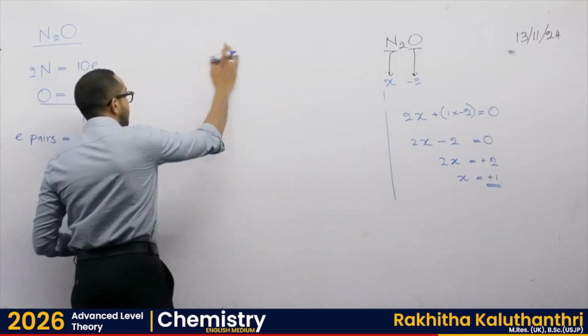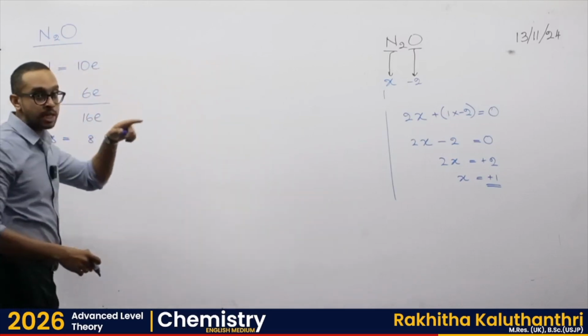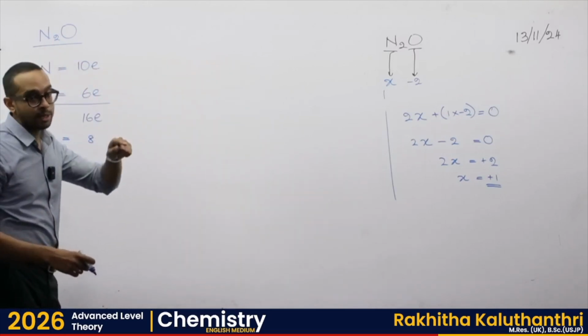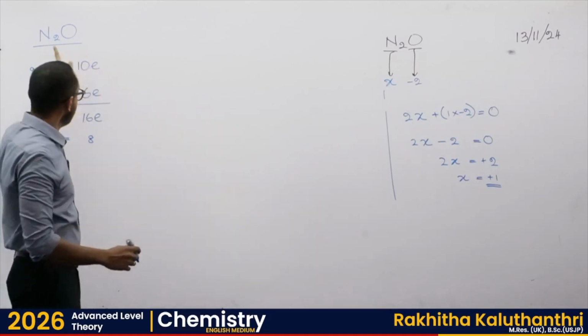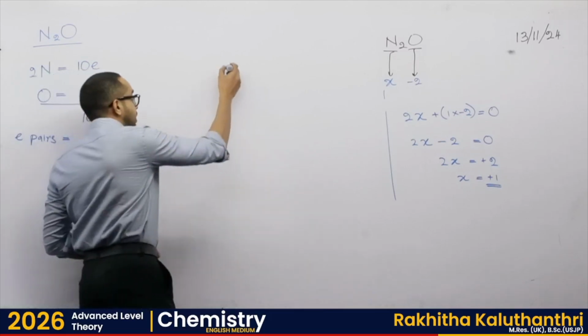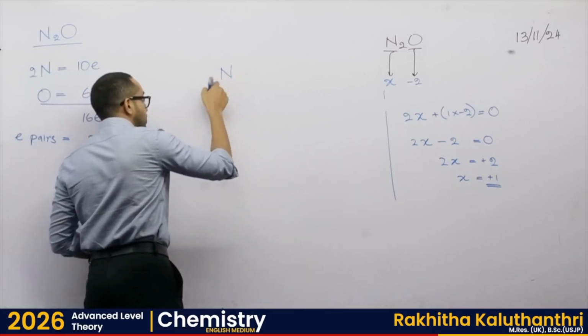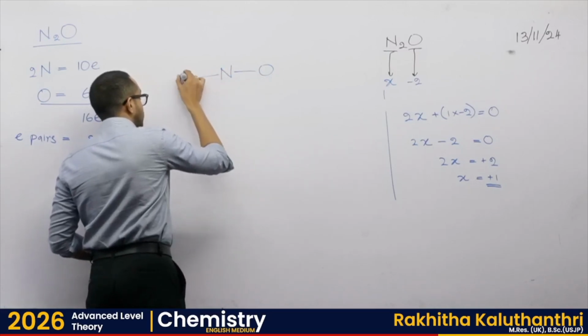So if you take a look at N2O here, nitrogen is the less electronegative element. Oxygen is higher in electronegativity than nitrogen. So nitrogen will be the central atom, right? So the central atom is nitrogen, and to the central atom we have an oxygen connected on one side, a nitrogen connected to the other side.